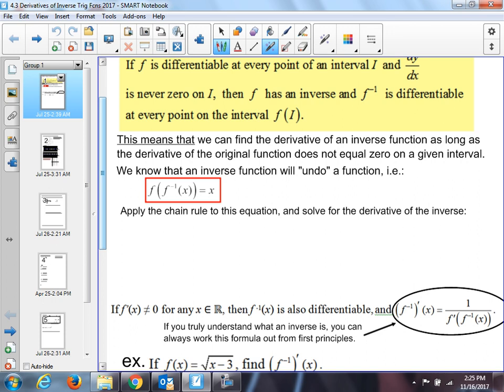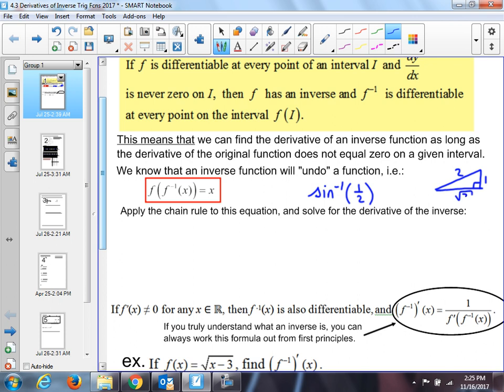Now, here's an inverse you're familiar with, because you've used this button, sine -1. Now, what does this mean? Yeah, the sine of what gives me 1/2, and I'm looking at this and I go 1, 2, radical 3, right?